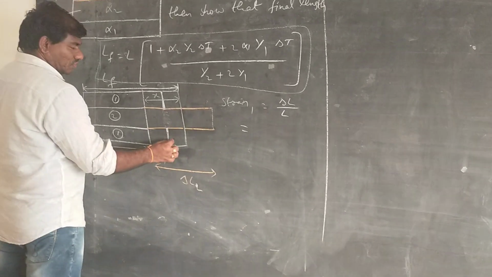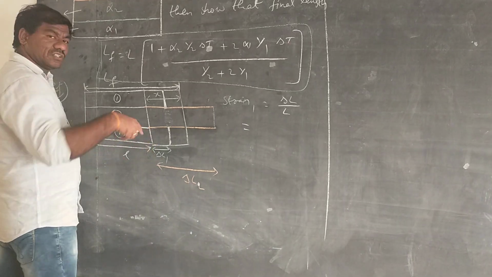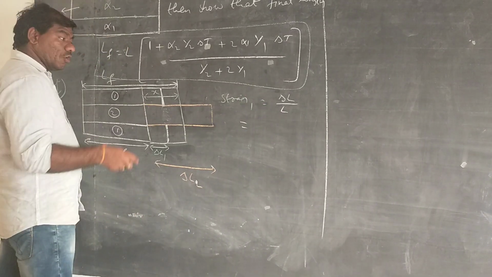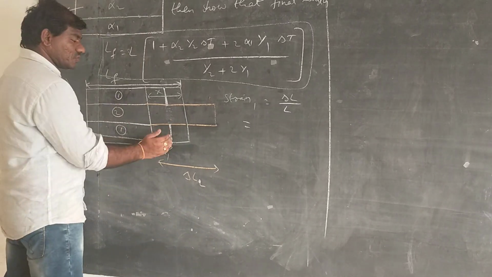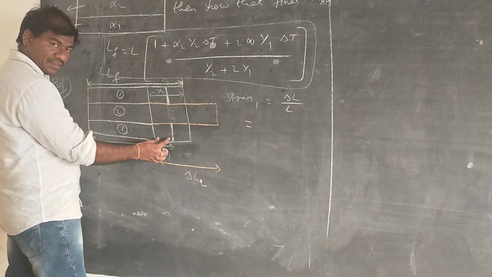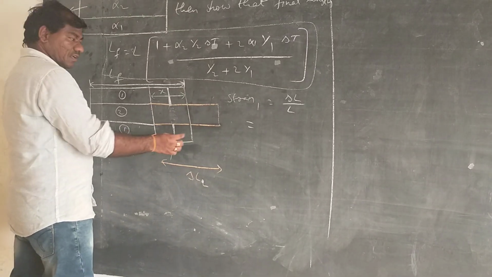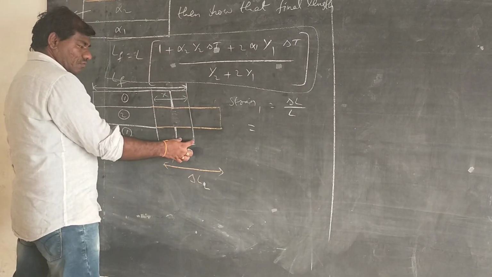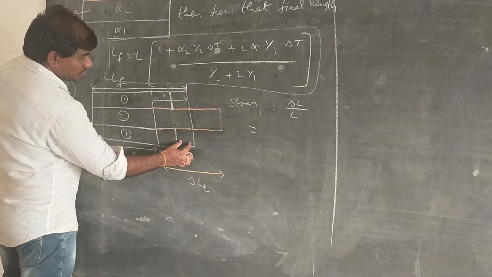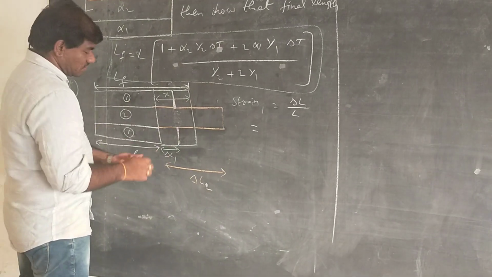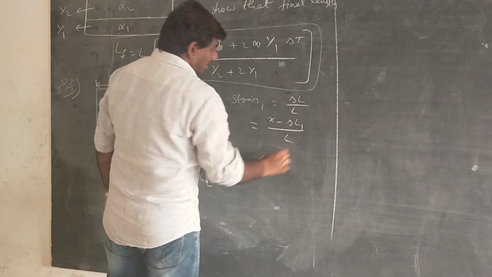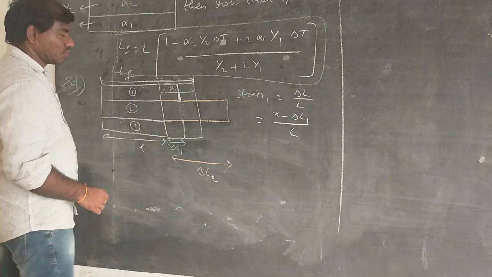So this much I am not restricting, the part which is further expanded. This length is x, this is delta L1, so this one comes out to be (x minus delta L1) by L. This is what your strain 1 comes out to be, right?